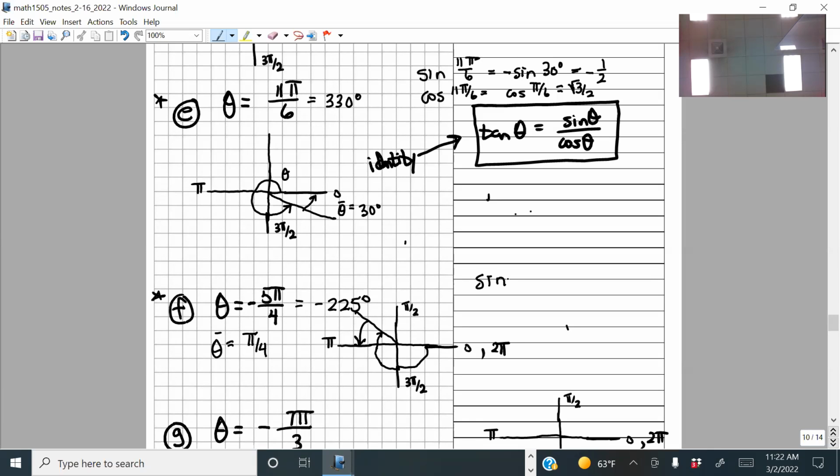So the sine of minus 5 pi over 4 is the same as the sine of pi over 4, except we may have to adjust the sign, right? Do we? No, I don't think so, right? Because we're in the second quadrant. So we just get what? Yeah, square root of 2 over 2.